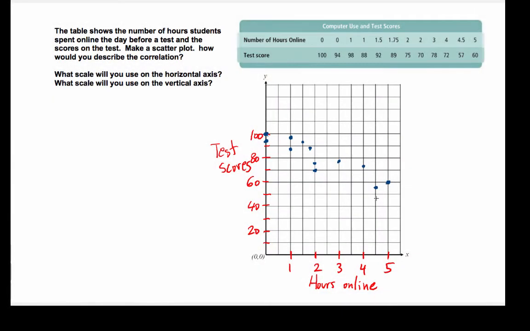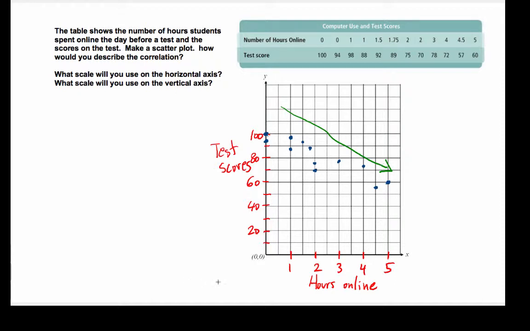Okay, so there's my scatter plot. And what we should be able to see here is that there is a downward trend in our data from left to right. Okay, it's going this direction. So we would say that this is a negative correlation, and I think it would probably be safe to say that this is a strong negative correlation.